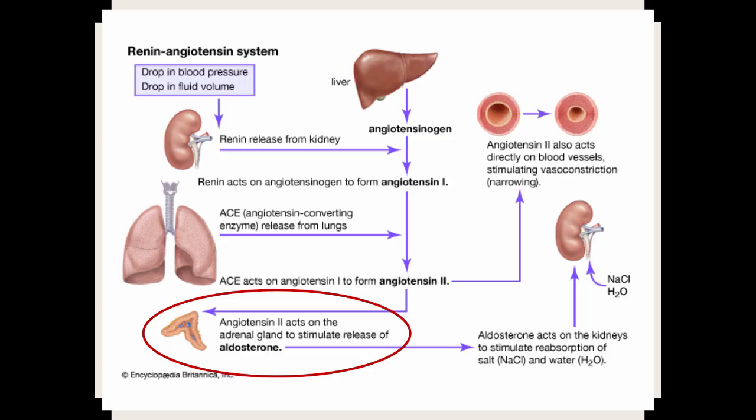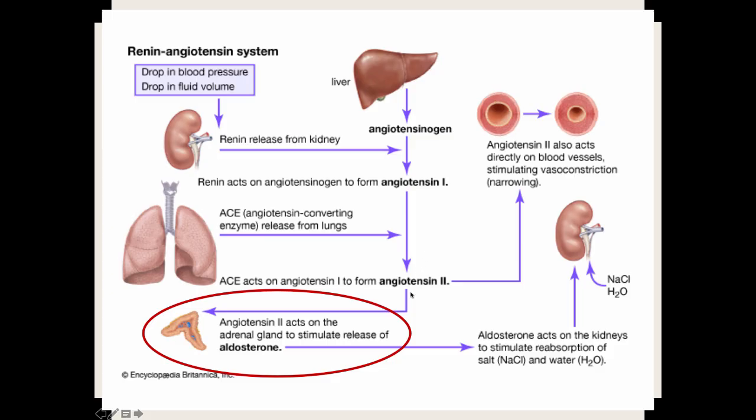Let's go back to this big kind of diagram, all this information in your face all at once, this renin angiotensin aldosterone system. And what we are focusing on now, instead of angiotensin 1 and ACE inhibitors and angiotensin 2, which we talked about when we talked about blood pressure regulation, let's talk about aldosterone. And that's all the way down here.